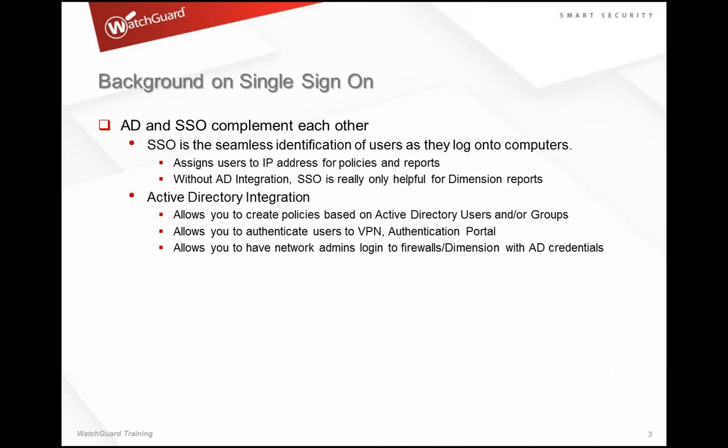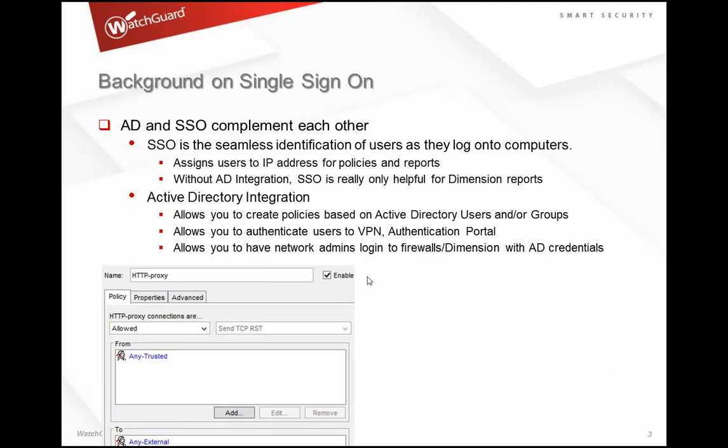It also allows you to have network admins or different tiered access to firewalls or Dimension with the Active Directory credentials. So it's more of that single sign-on. Rather than having to remember 20 different passwords, they can simply tie directly into their Active Directory password and have that one password for multiple services.